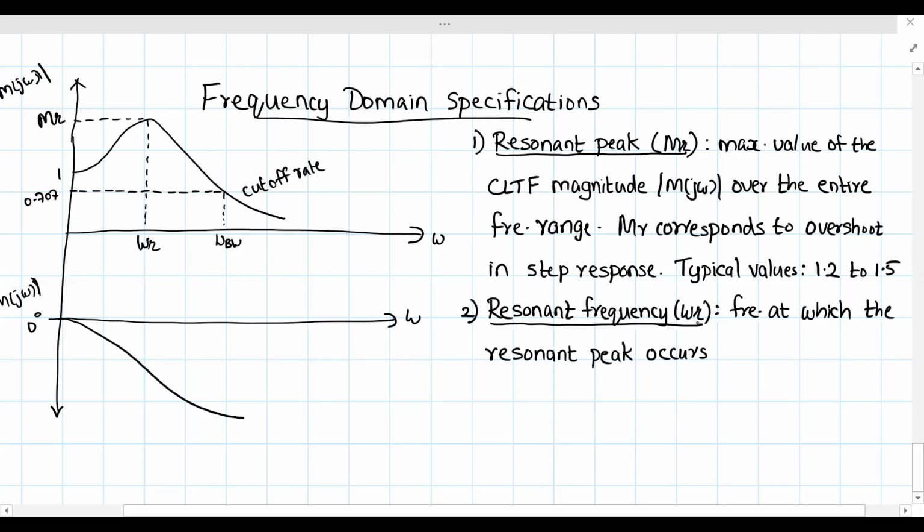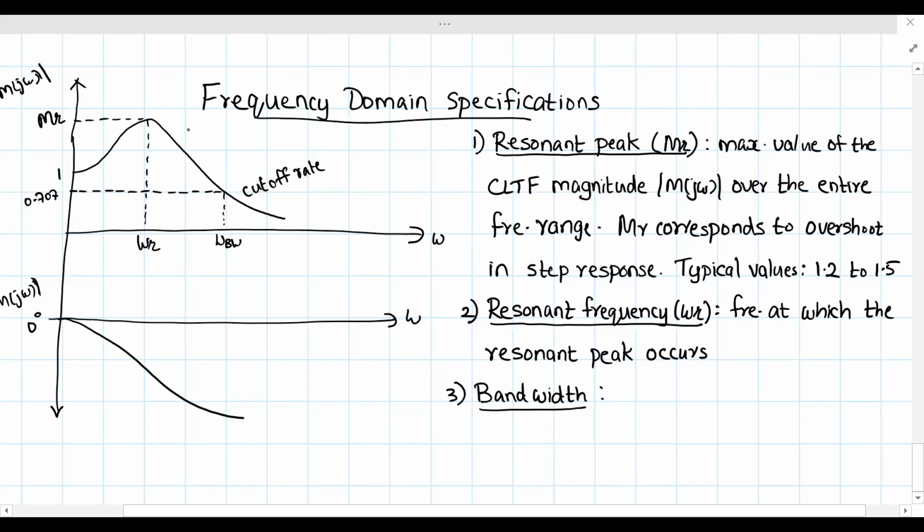Now, third one is bandwidth. So what is bandwidth? Bandwidth is the frequency at which the magnitude of the closed loop transfer function is reduced to 1 by root 2, or 70.7% of the low frequency value. What was the low frequency value?